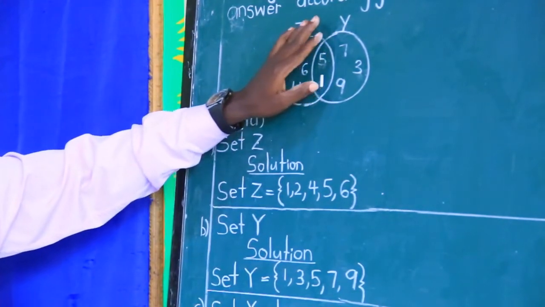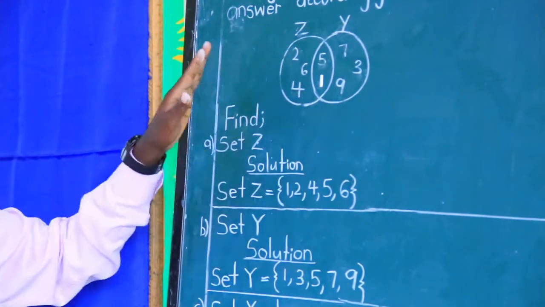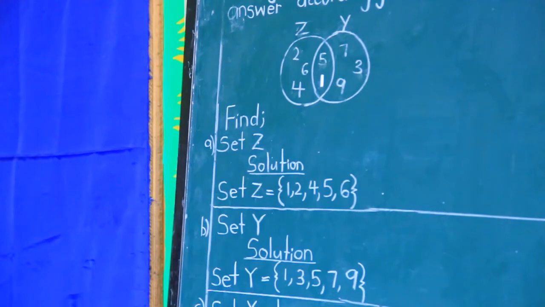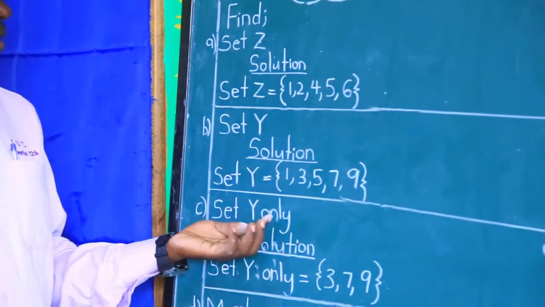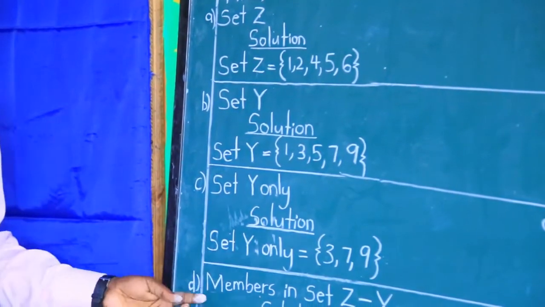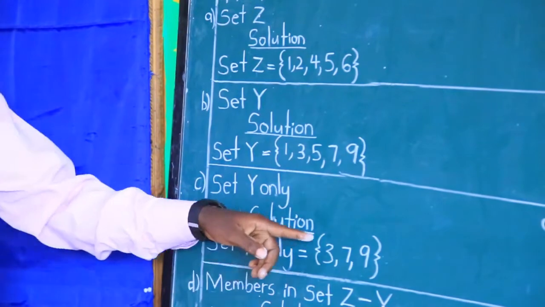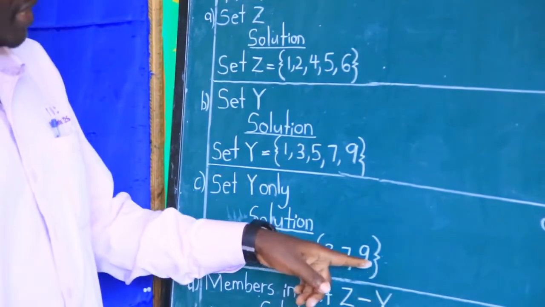So it can be called Y only, Y take away Z. You can as well say Z complement. So in this case, they are saying set Y only, which lists those same members, that is 3, 7, 9.